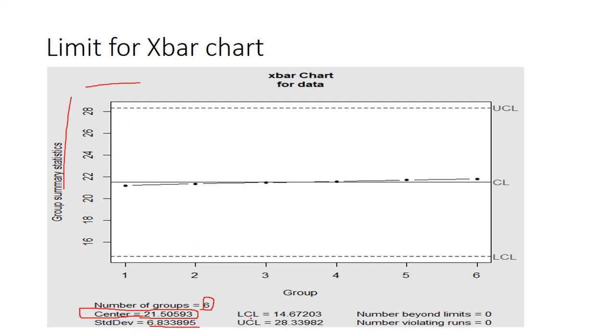To get the upper control limit, apply the formula X double bar plus A2 R bar. For the lower control limit, replace plus with minus, and the central line is our mean. Then you can plot these values in the graph. Here you observe the points are within a wide range, so this plot should be acceptable. This is the conclusion of the X bar chart.